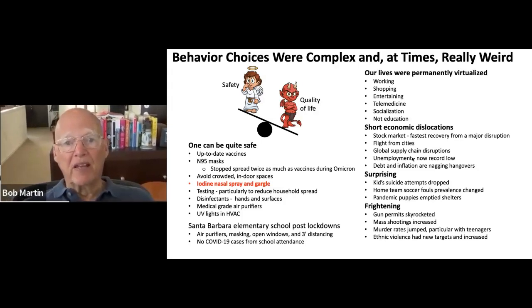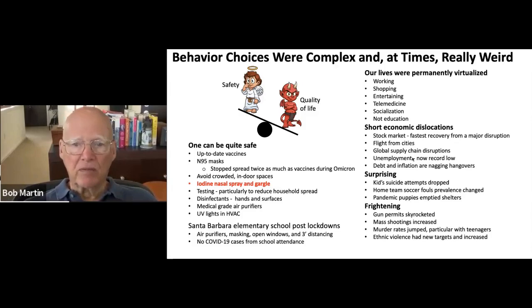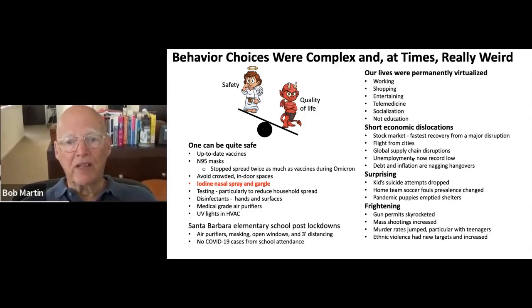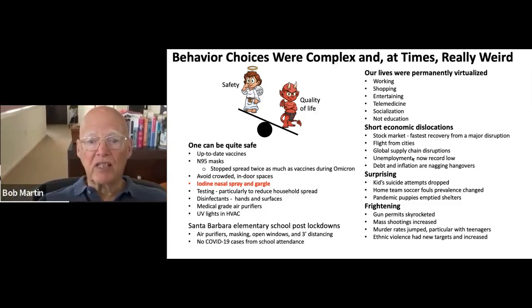Of course, the impacts. Man, have we been virtualized, like today. The economic dislocations were surprisingly short. The cities have recovered. Unemployment has recovered. Debt and inflation, particularly debt, are hanging over. What's surprising is the suicide attempts dropped.